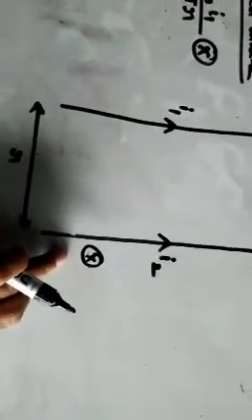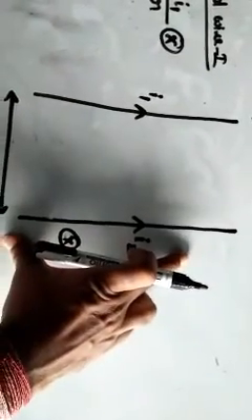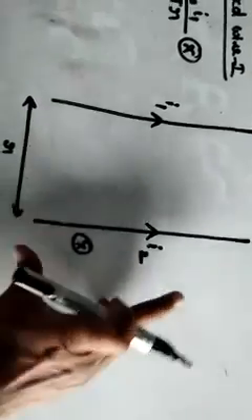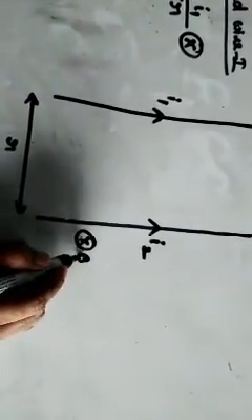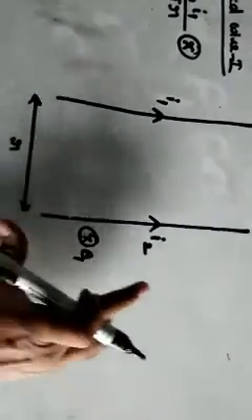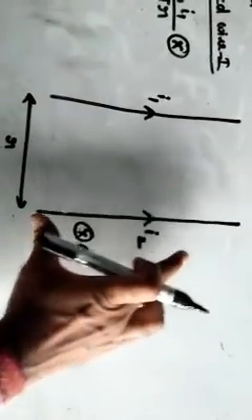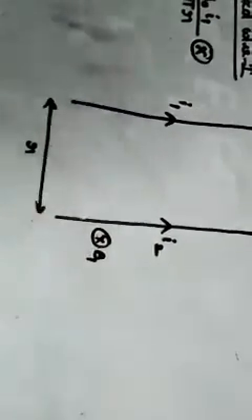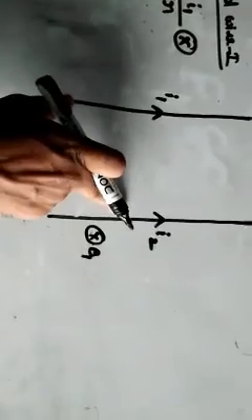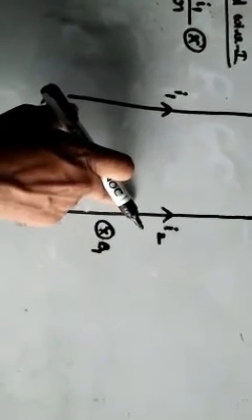In this magnetic field B1, the second wire of length L carrying current I2 is kept. So automatically on this current carrying wire, force will act.